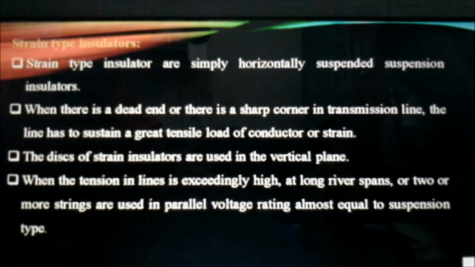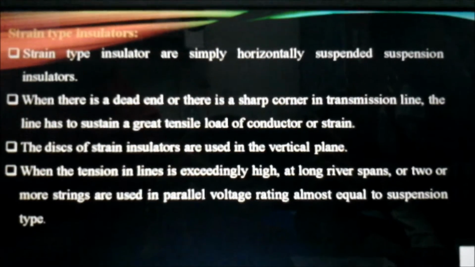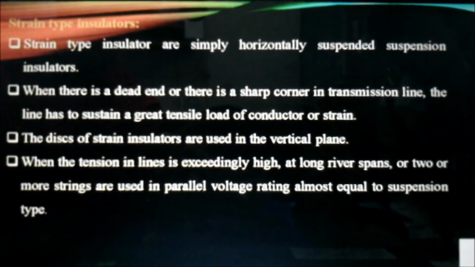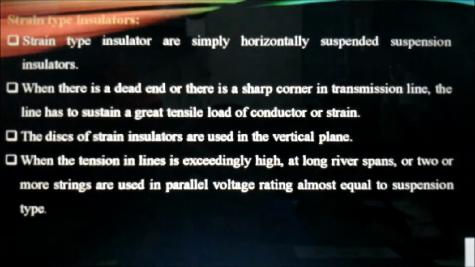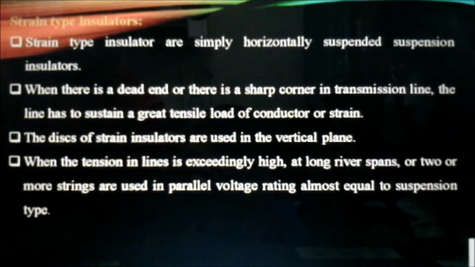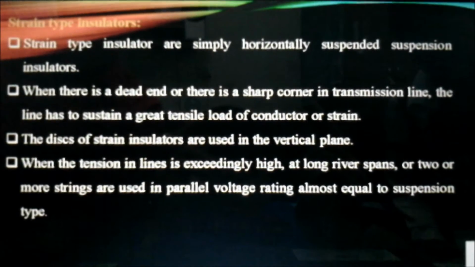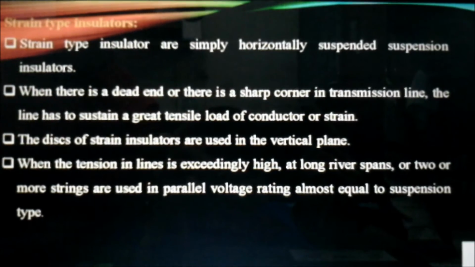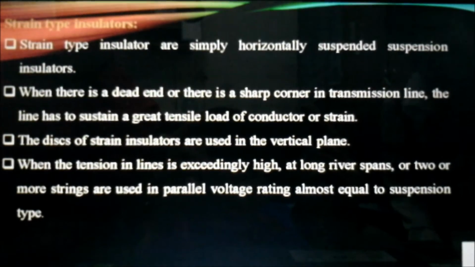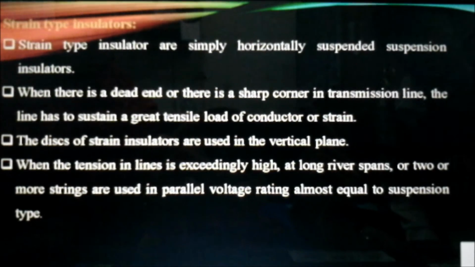The disc or strain insulators are used in the vertical plane. When the tension in the line is exceedingly high, at long river spans, two or more strings are used in parallel, with a voltage rating almost equal to the suspension type.